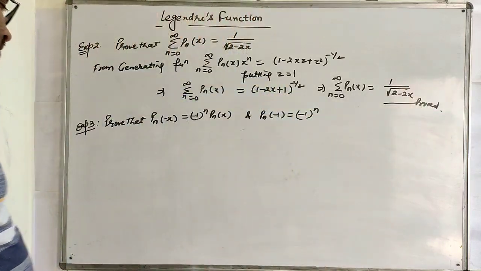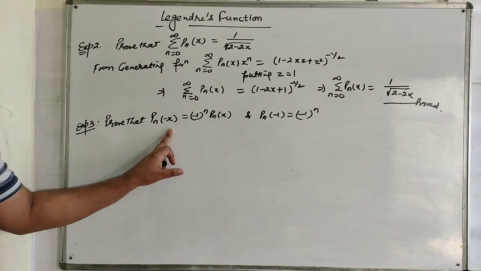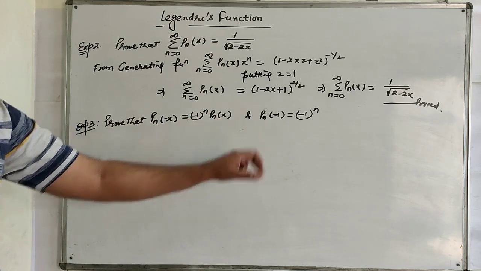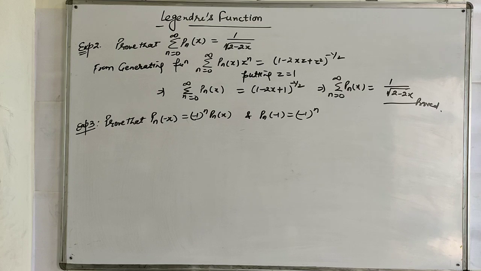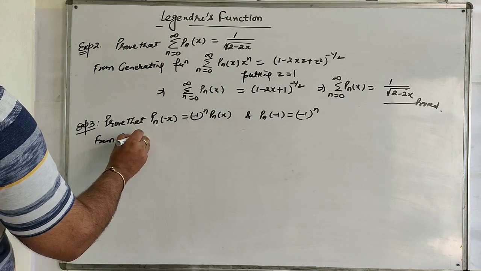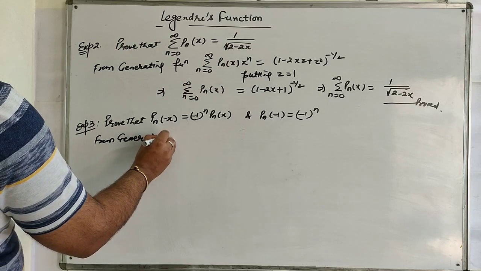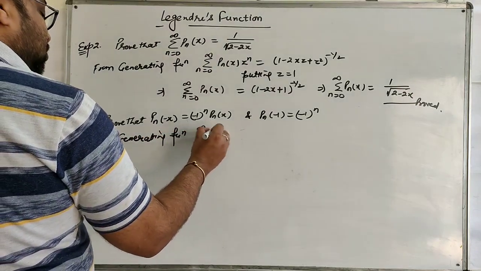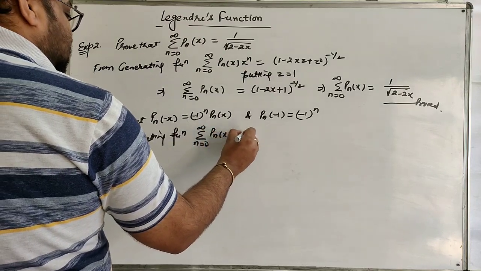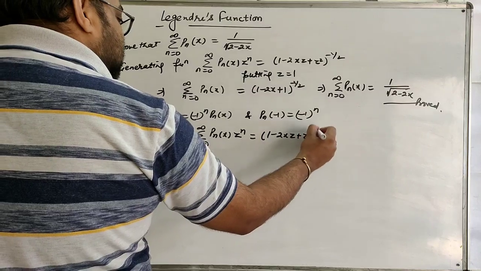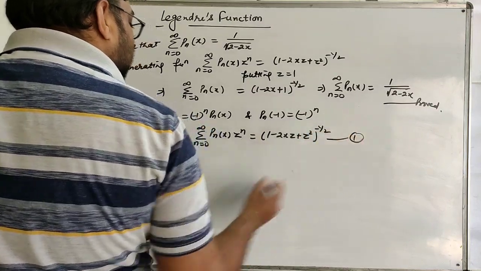Now moving on to the next example, prove that Pn(minus x) is equal to (minus 1) power n Pn(x) and Pn(minus 1) is equal to (minus 1) power n. So for this, from the generating function, sigma n equals 0 to infinity Pn(x) z raised to power n is equal to (1 minus 2xz plus z square) raised to power minus 1 by 2.